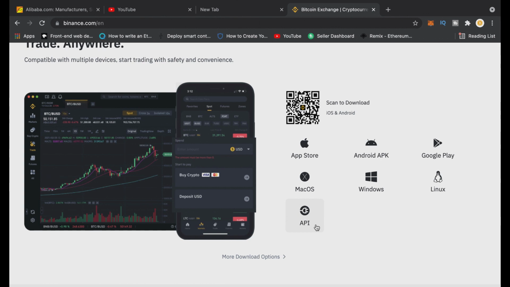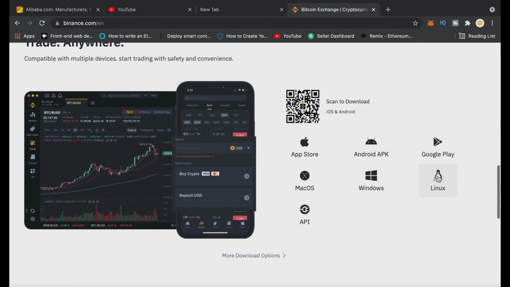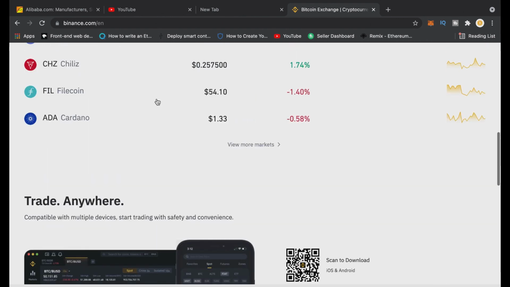So there will be automatic trades every certain number of minutes or hours, considering how volatile that particular crypto is, or some other certain things. So if you wish to build a bot or make a Binance chart display on your site, then as a developer, this is what you use, the API and stuff. Then here is just talking about the Android APK, Windows, Linux, Google Play, you know.